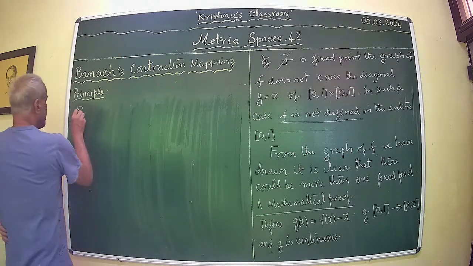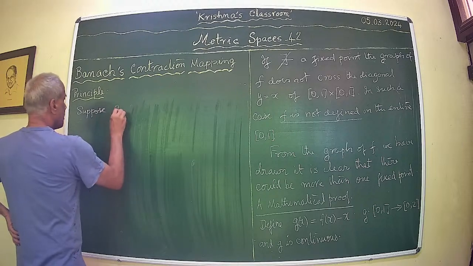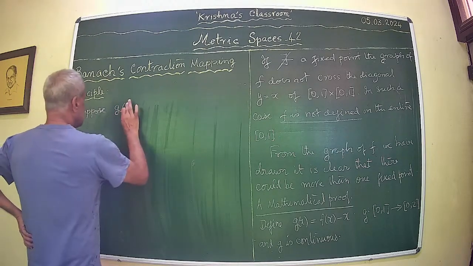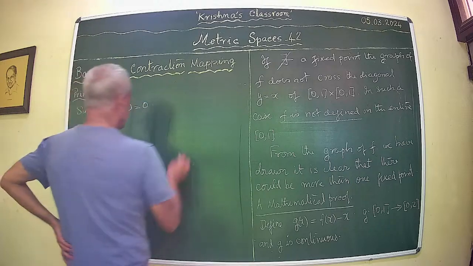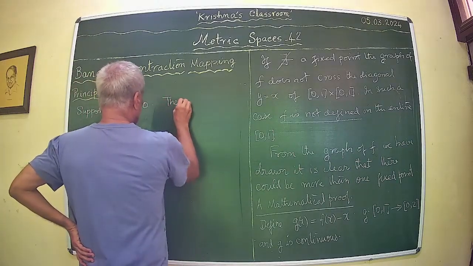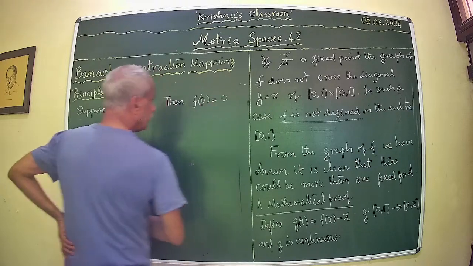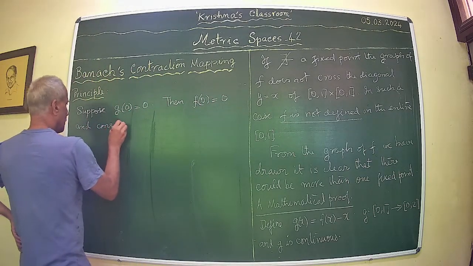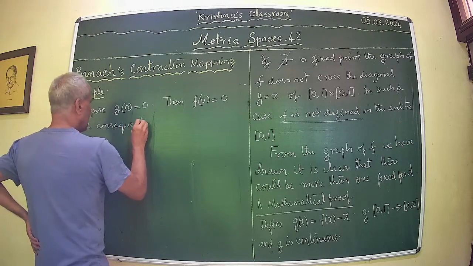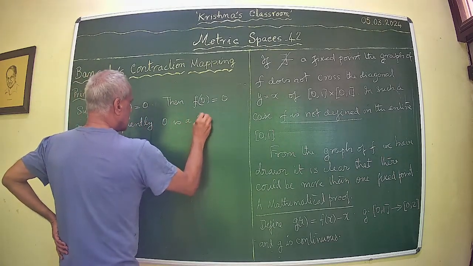Suppose G0 equal to 0. Then we have F0 equal to 0 and consequently zero is a fixed point.